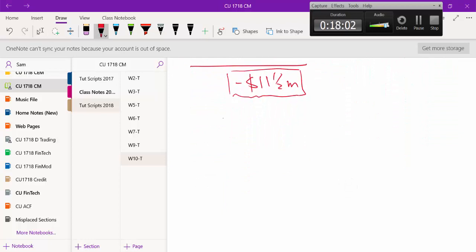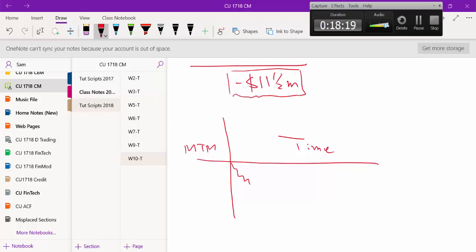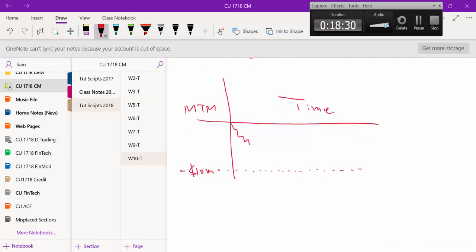And the other day in the last tutorial, I actually drew a graph, which I think makes it a lot easier to understand. So this is time. This is your mark to market. So obviously you are negative. And let's say this is the minus $10 million mark. So as long as you are above, people are going to leave you alone. But the moment you trade through the threshold, this is the threshold.